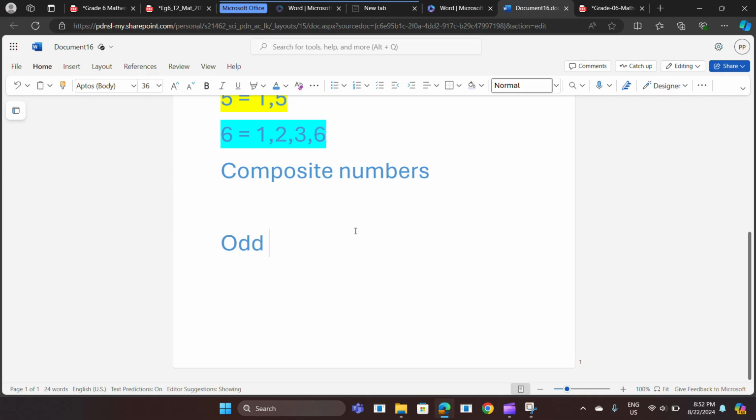Odd numbers are 1, 3, 5, 7, 9, because there is always a remaining amount when we divide these numbers by 2.